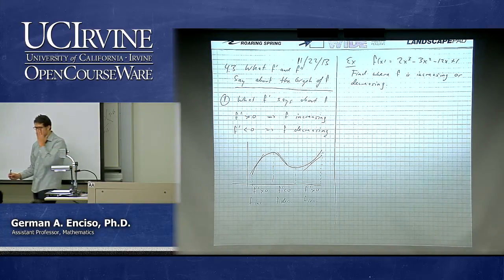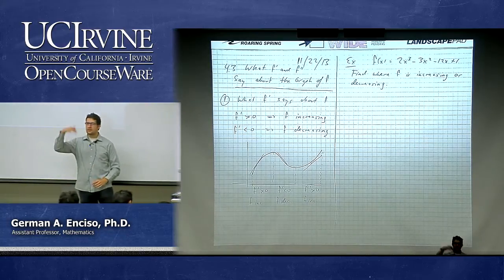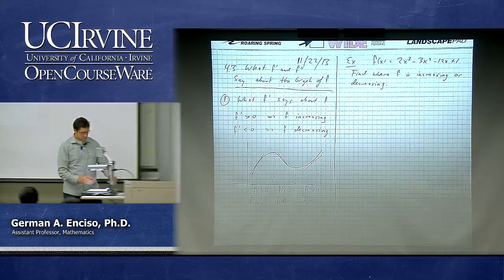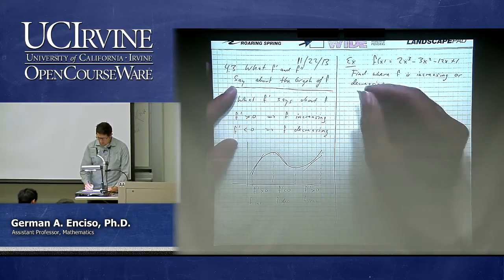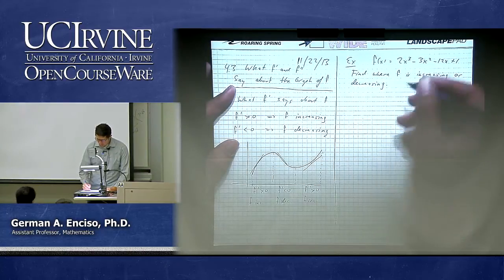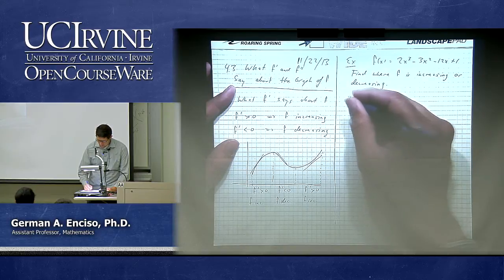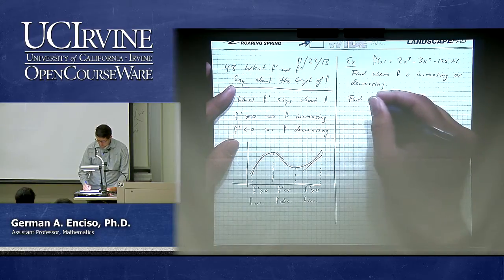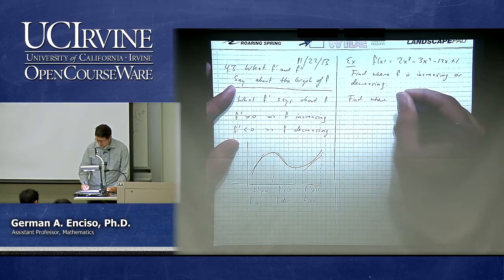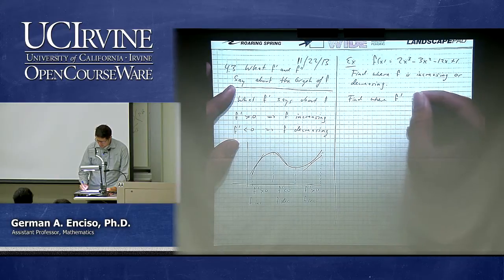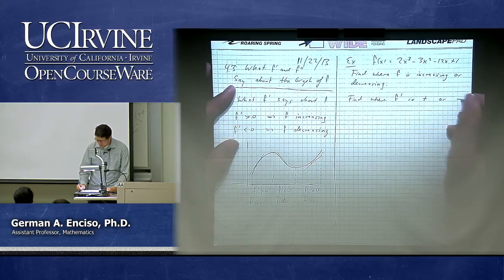Okay. So we want to find where the function is increasing or decreasing, and because of this information we have here, we want to find where f prime is positive or negative.